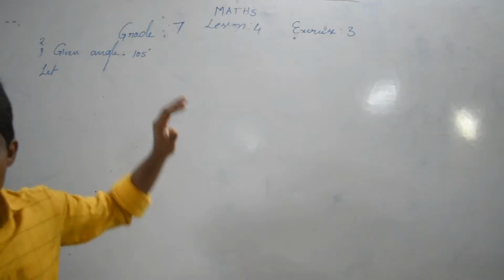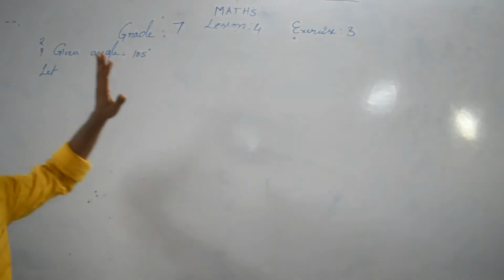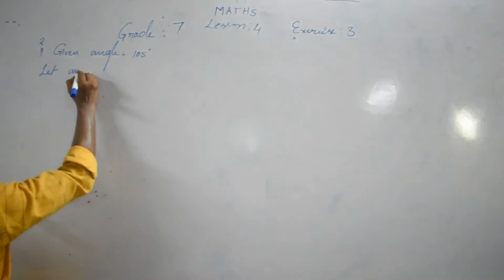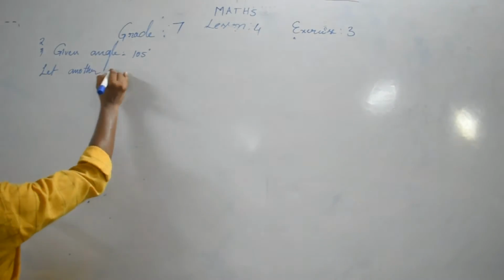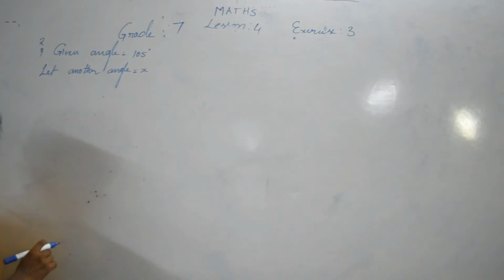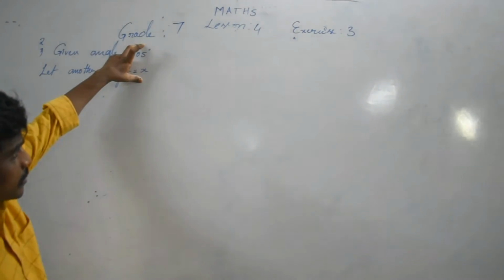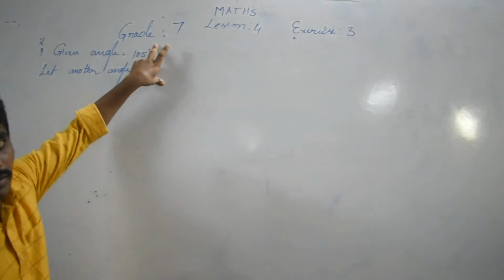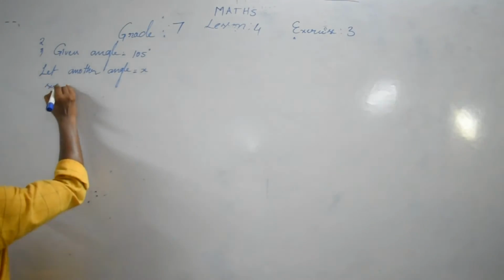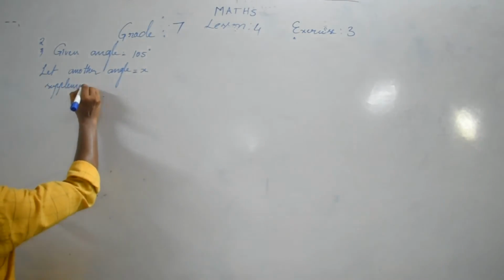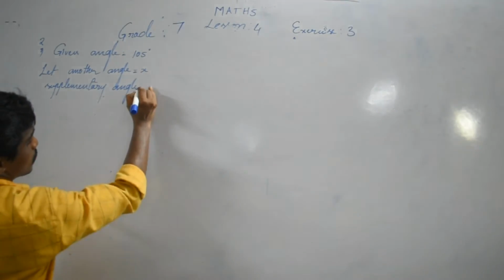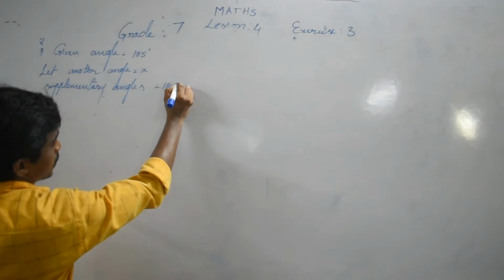But here only one angle is given, so let the other angle be x. The sum of the two angles is equal to 180 degrees.